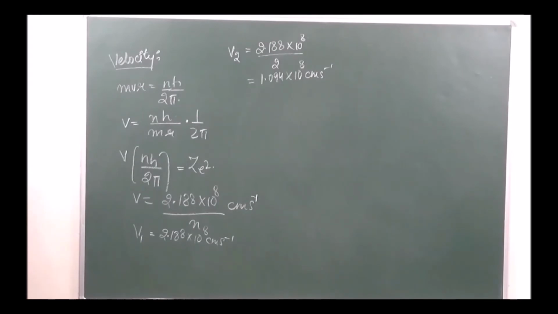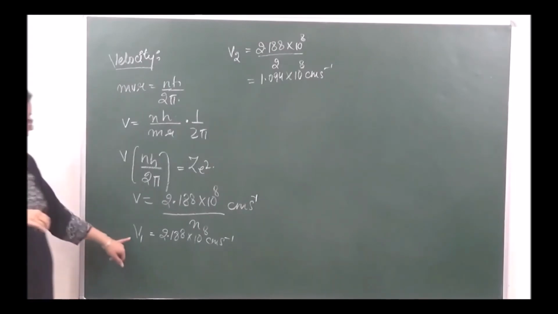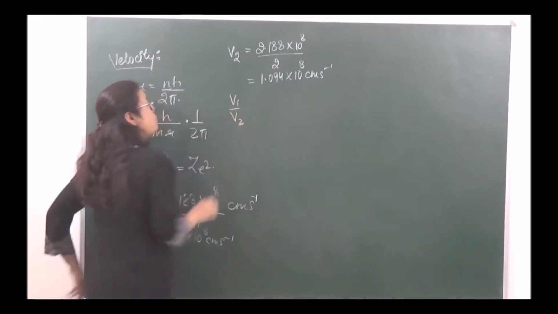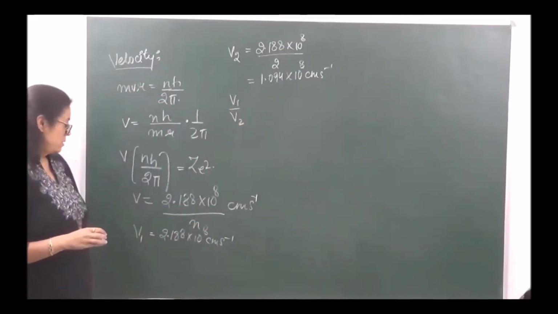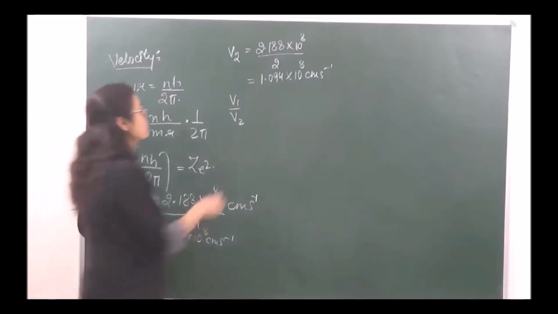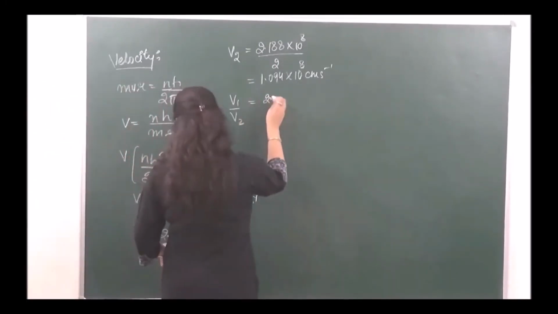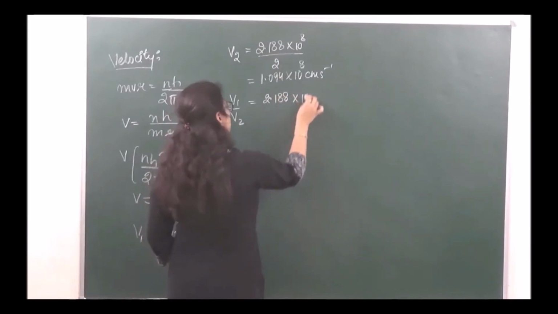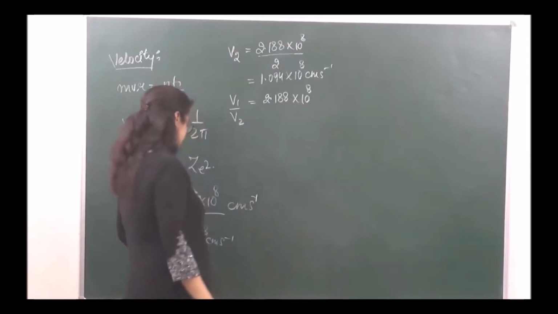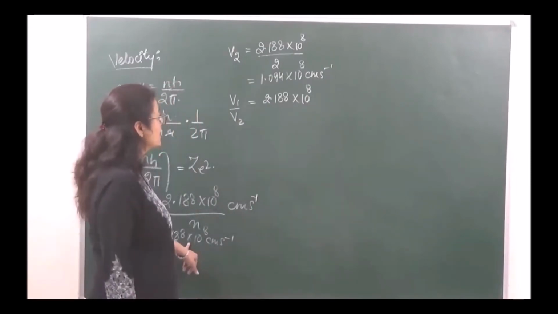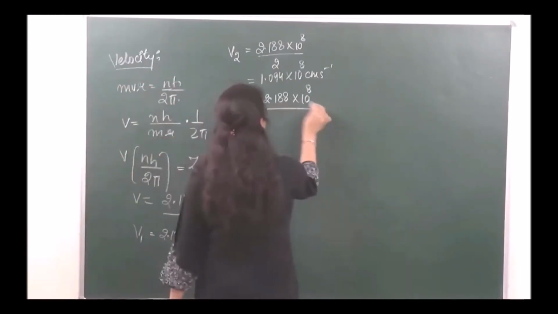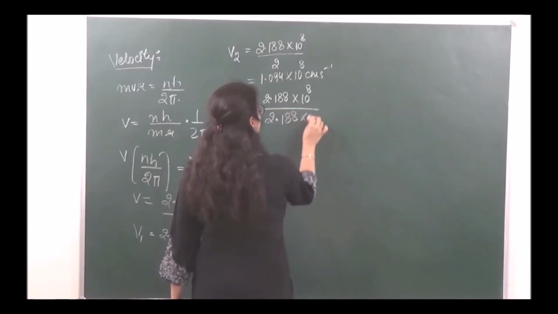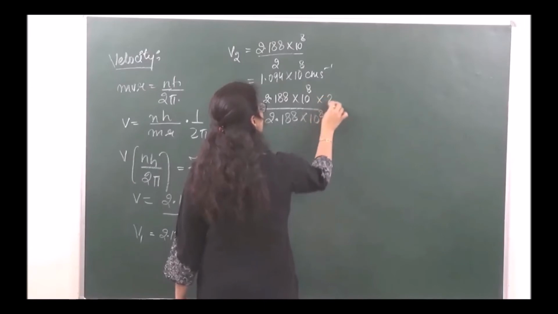So when we are talking of velocity, we are taking the ratio of v1 upon v2. The value of v1 is 2.188 into 10 raised to power 8 upon the value of v2, which is 2.188 into 10 raised to power 8 into 2.